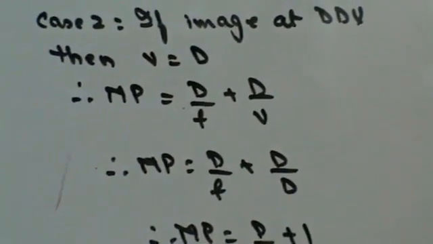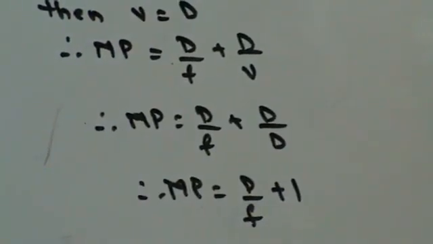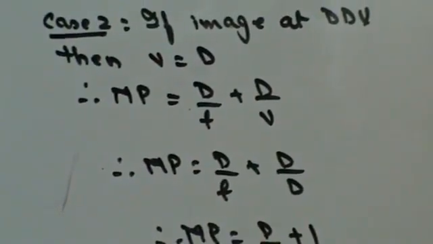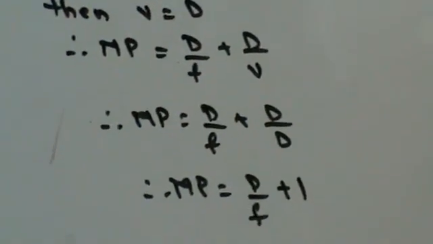So, magnifying power of a simple microscope will be D upon F plus 1 if the image is formed at distance of distinct vision. This is your simple microscope. Next, let's start with compound microscope.